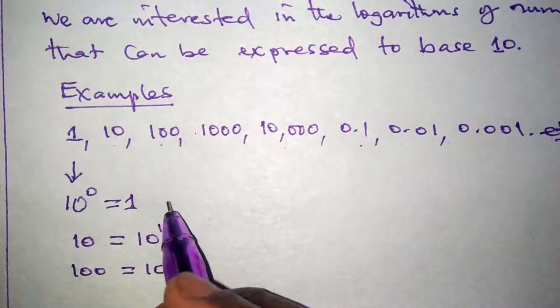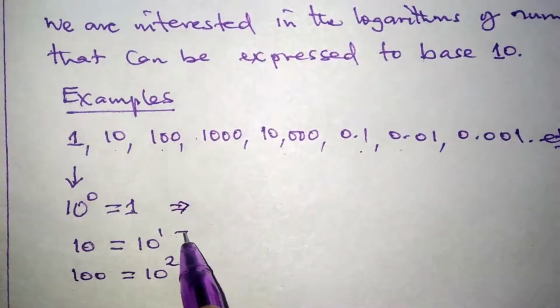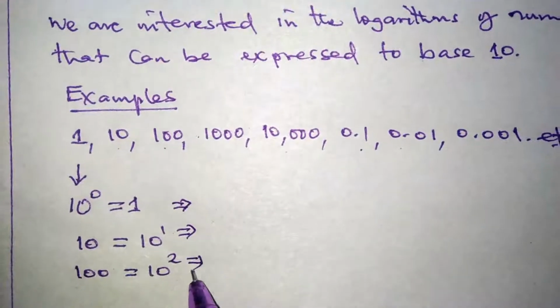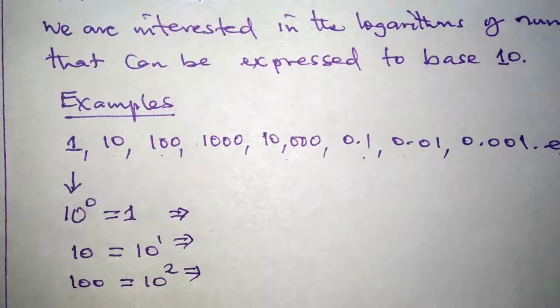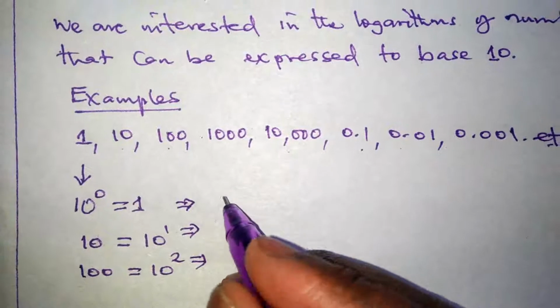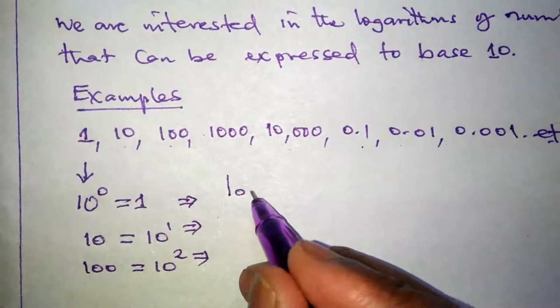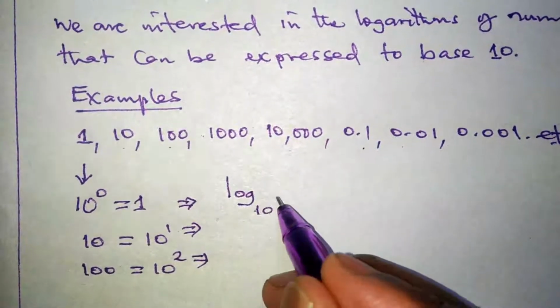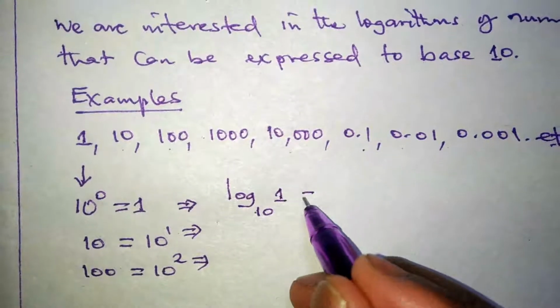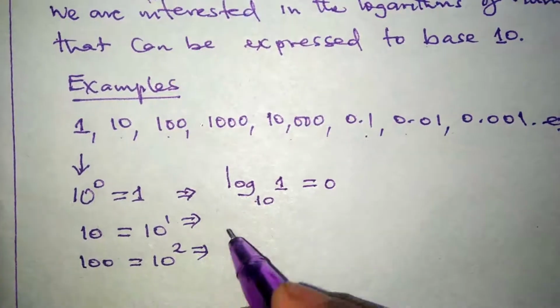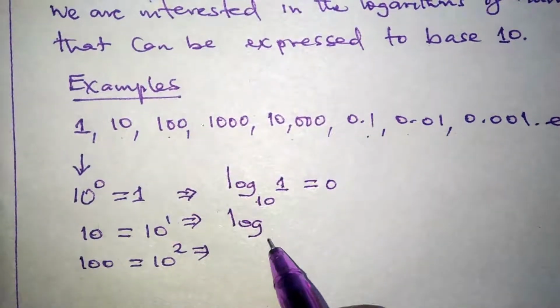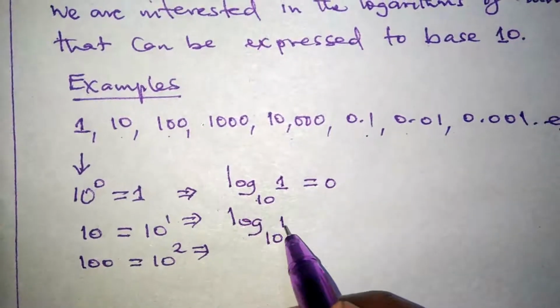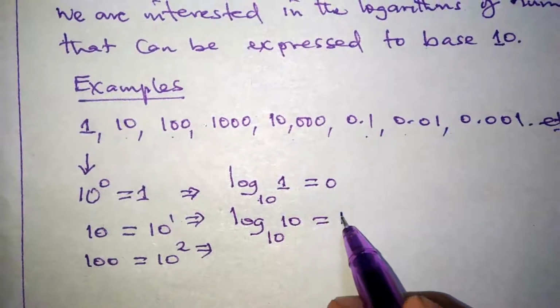Now, each of these can be written in log form, and so I will be working with log form and indices together. So here we have the log to base 10 of 1 is equal to 0. And this one gives us log to base 10 of 10 is equal to 1.